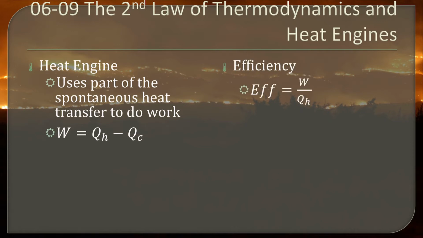The efficiency of the heat engine is the amount of work you get divided by the heat in the hot area. Well, the work is the change in heat, over the heat in the hot area.